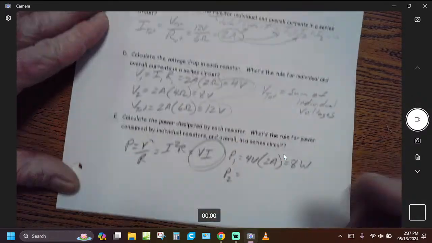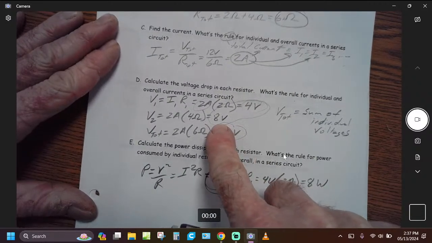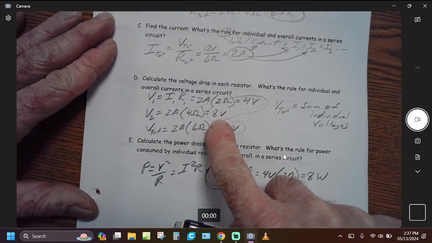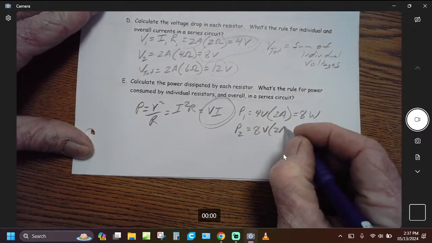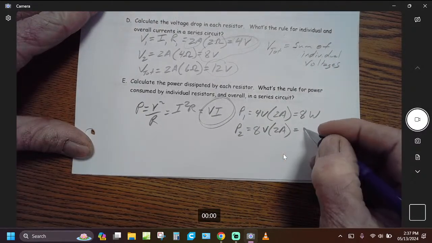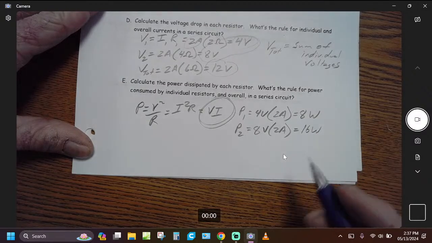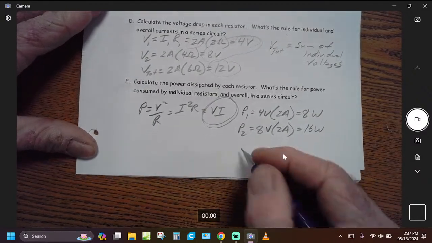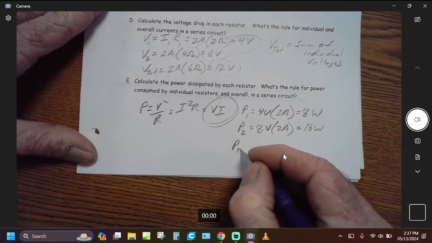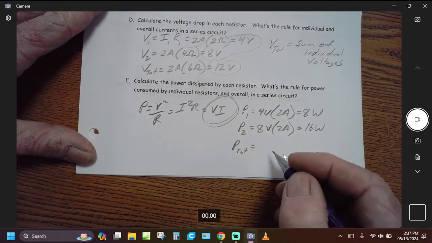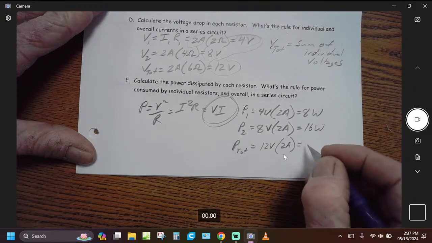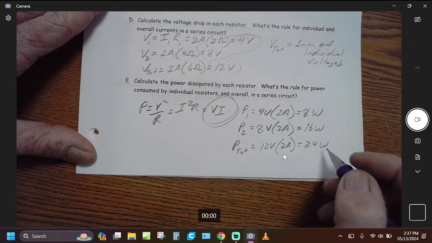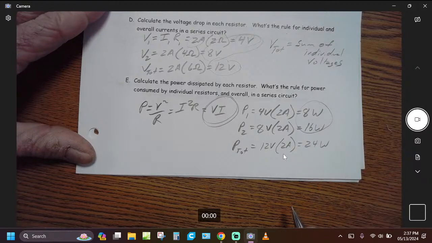Second resistor has 8 volts, and the current through everything is 2 amps. So that's 16 watts. And then if I do the entire circuit total, it's going to be 12 volts times 2 amps. I get 24 watts. So yeah, they add up.